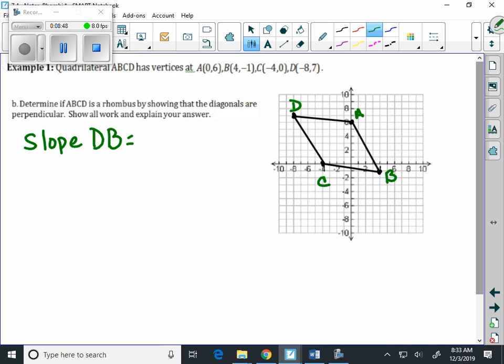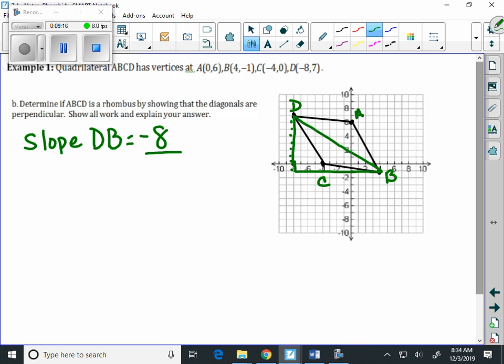When we're showing that something's perpendicular, we're looking at opposite reciprocals. So there's our length of DB, and then we'll draw in our triangle here. And again, hopefully your triangle is better than mine. So we went down 1, 2, 3, 4, 5, 6, 7, 8.